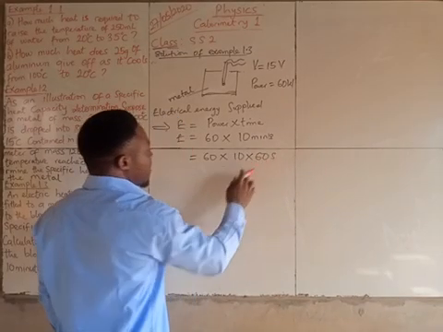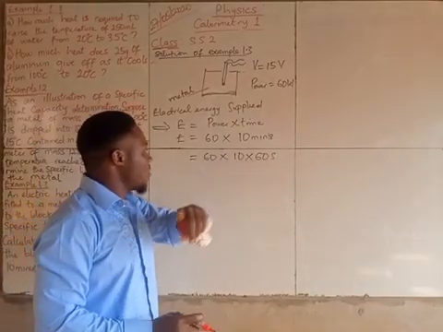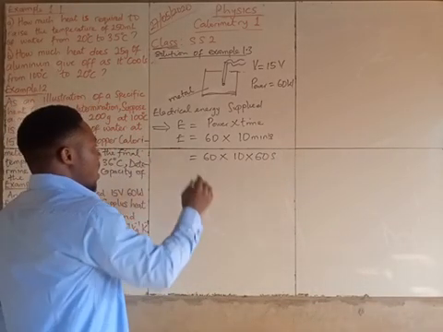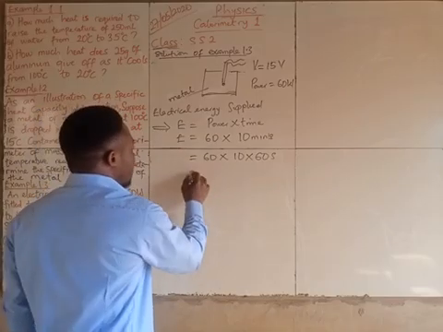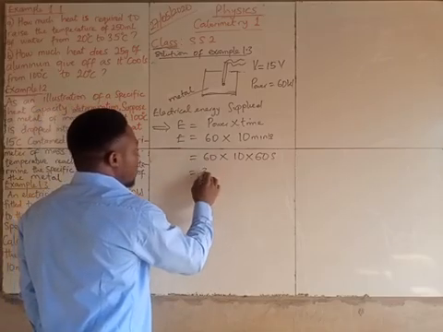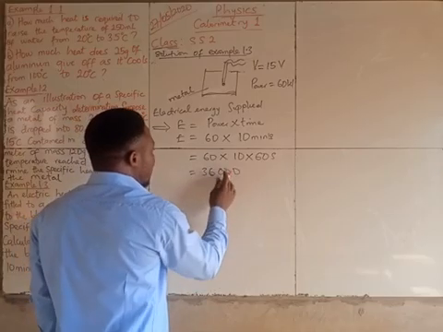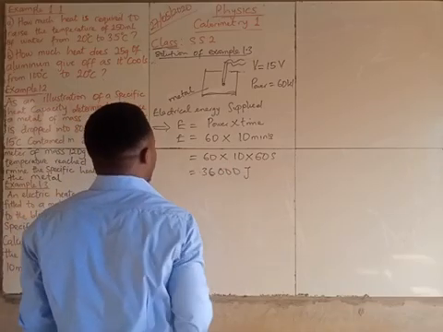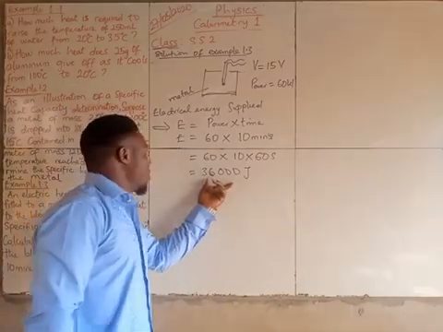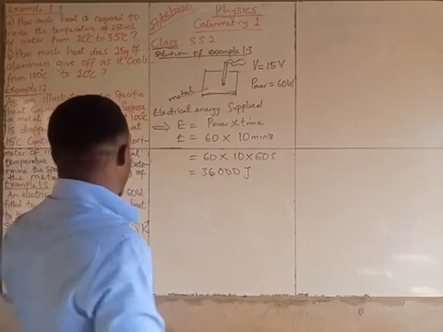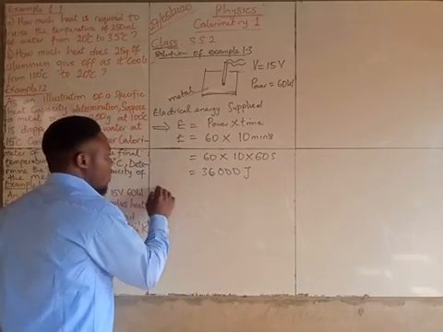This was given in minutes, so we multiply by 60 to have it in seconds. 60 times 60 will give us 3600, then times 10 will give us 36,000 joule. This is the energy supplied.